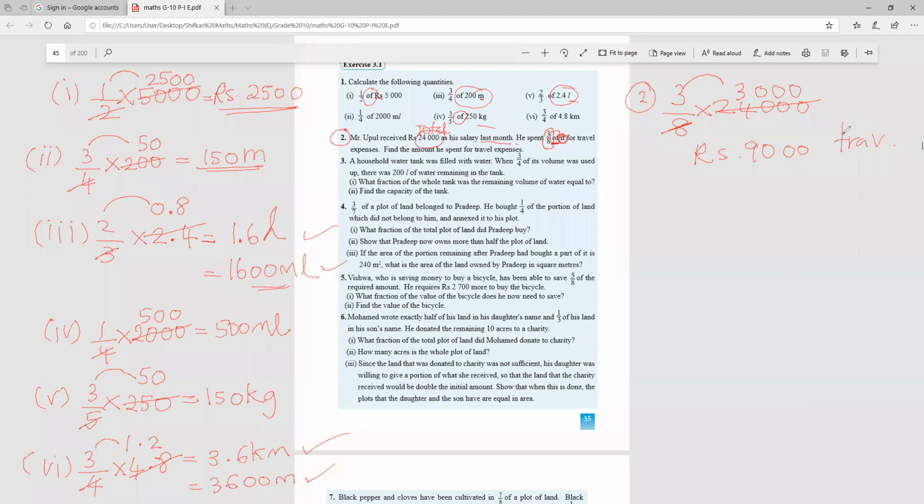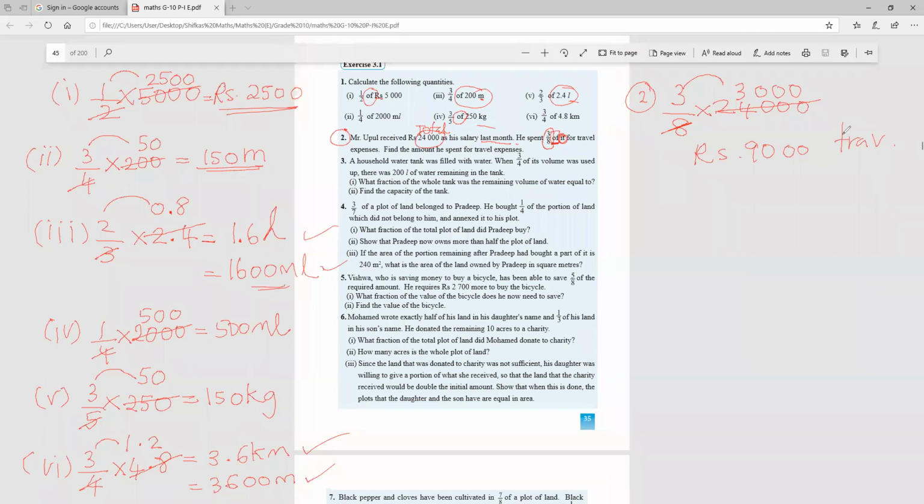My question is, is the total capacity of the tank given? Quickly put a message in the chat, yes or no. Is the total capacity of the tank given? No, that is not given.